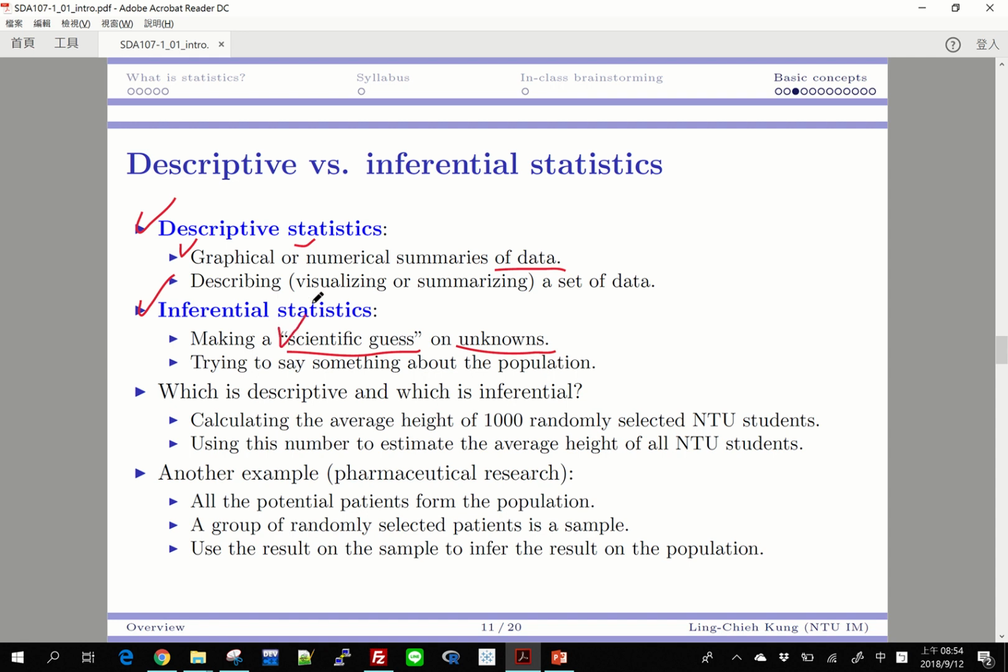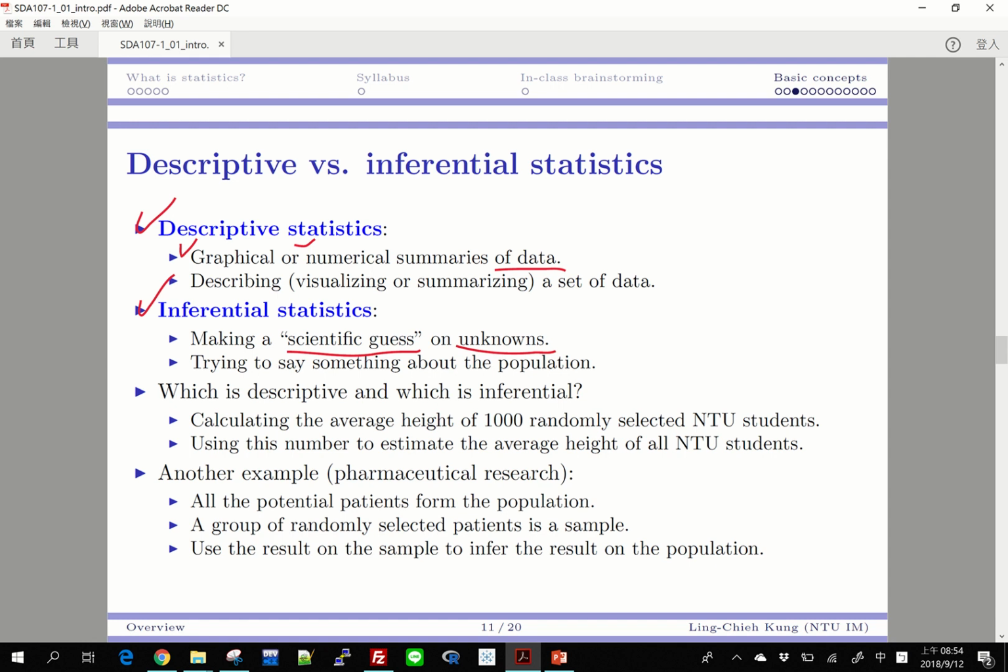And we hope our guess can be scientific. We hope that when we say, I guess for my population is this, or that, either we may know whether we are right or wrong, or whether we may estimate the probability that we are right or wrong. So that's the thing we want to do in inferential statistics.